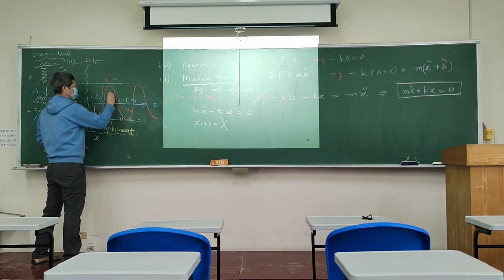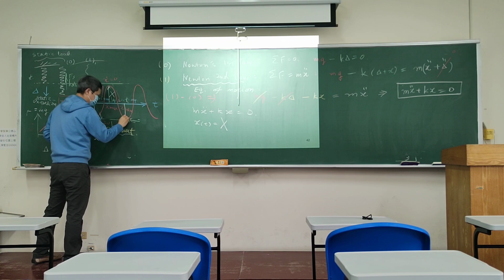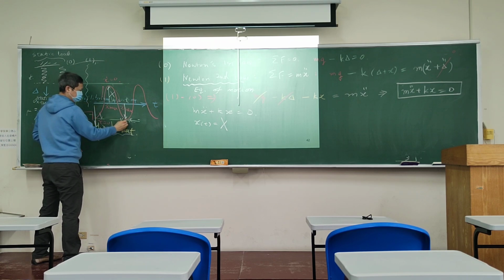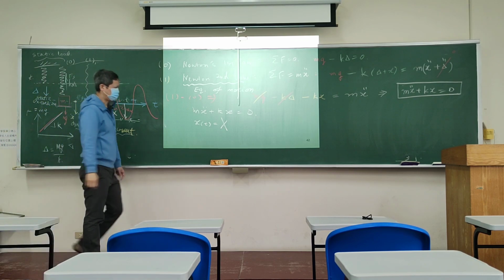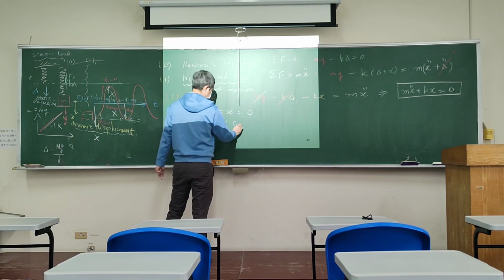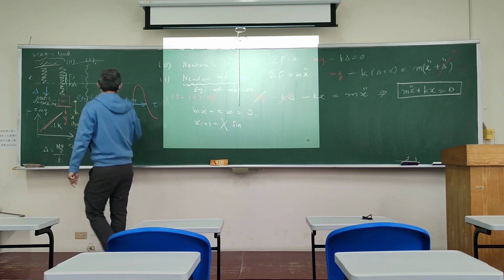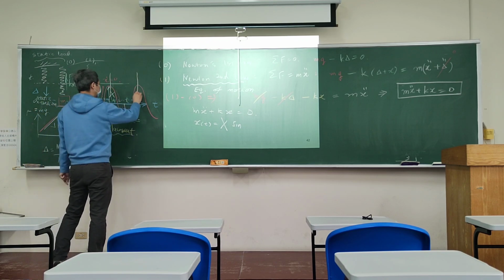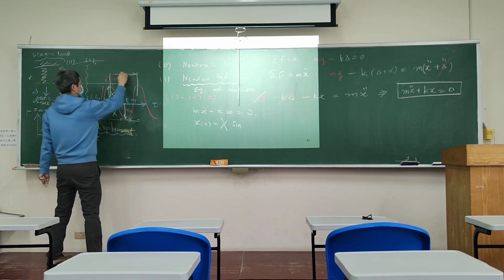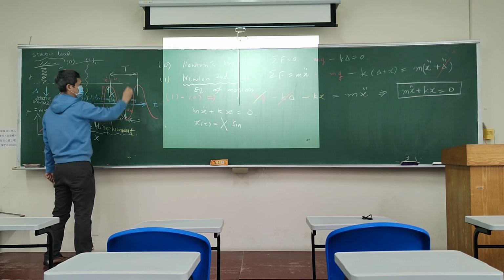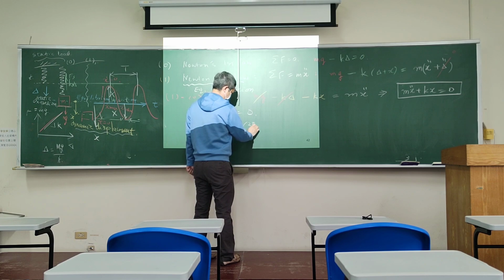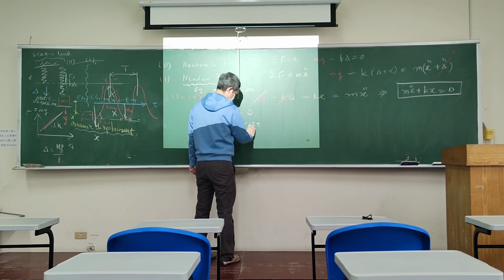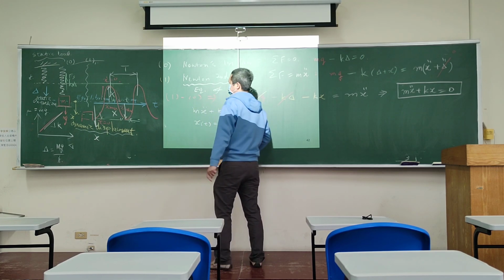Capital X is from the equilibrium position to the height, the value of x. And this is the sine function. And how frequently does this sine function complete a period? You go with the time, so this is 2 pi, the time divided by the period.